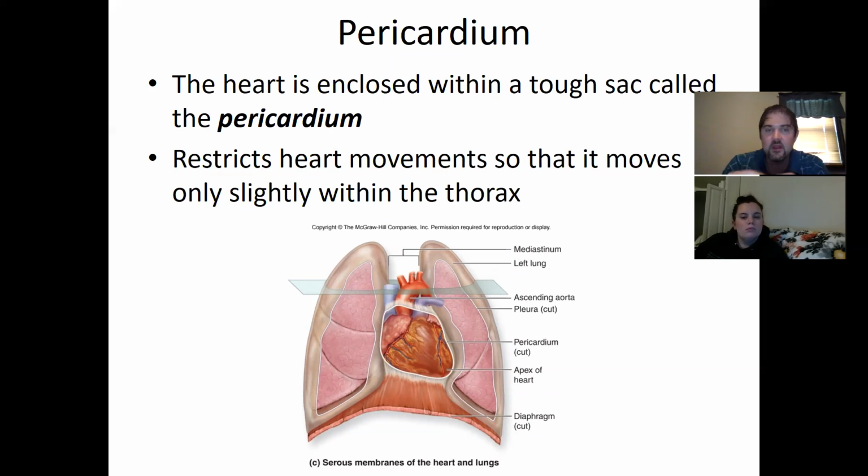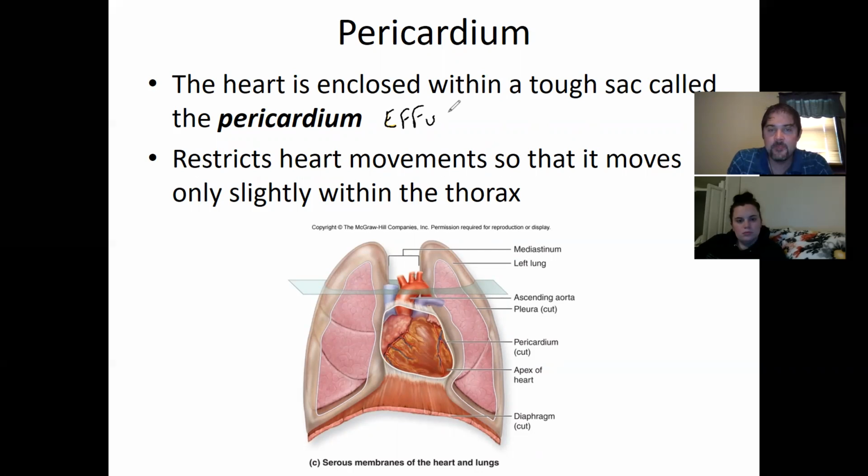when you're moving. There are instances, though, where you get fluid buildup in this sac around the heart. And that really messes with the heart's ability to beat and move properly. That's called effusion, and so you have terms like pericardial effusion, which is the fluid buildup in the pericardium.